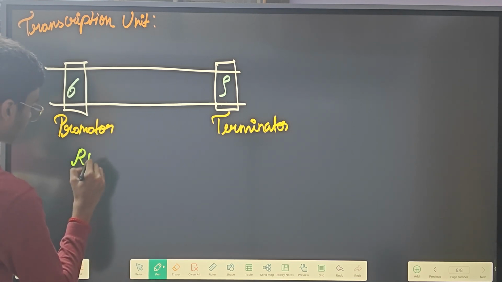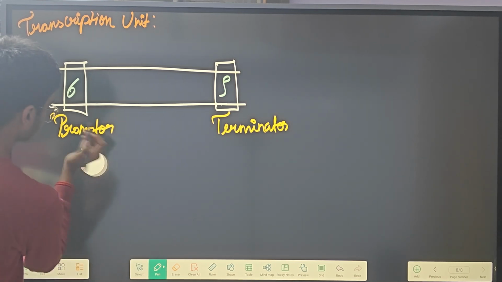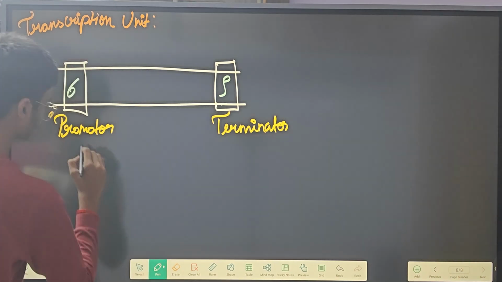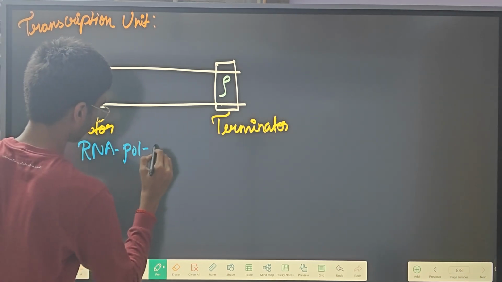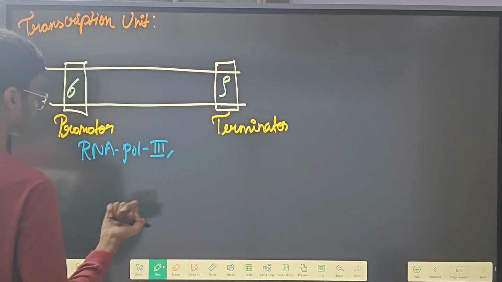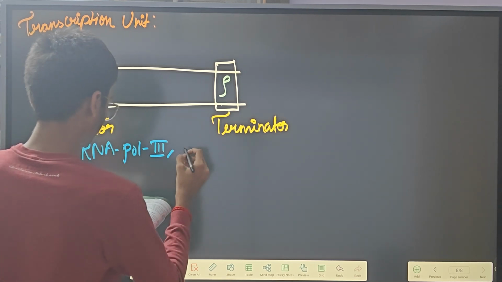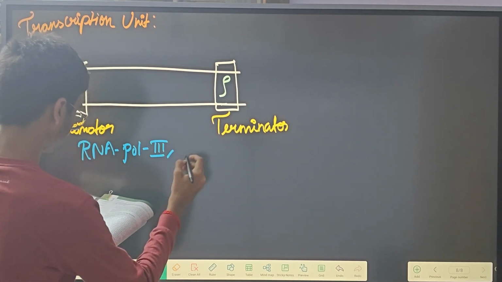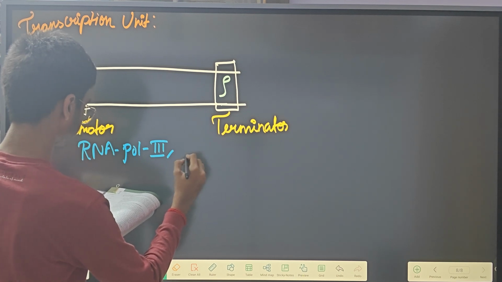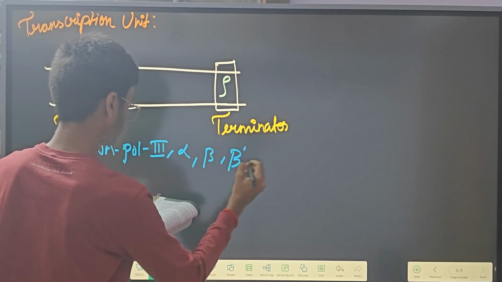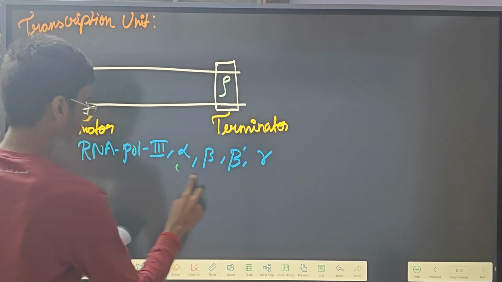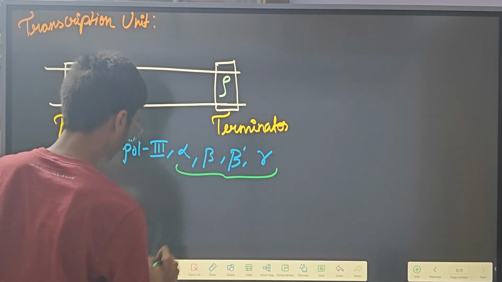RNA polymerase has alpha, beta, beta dash, and gamma subunits. These are all known as core enzymes.